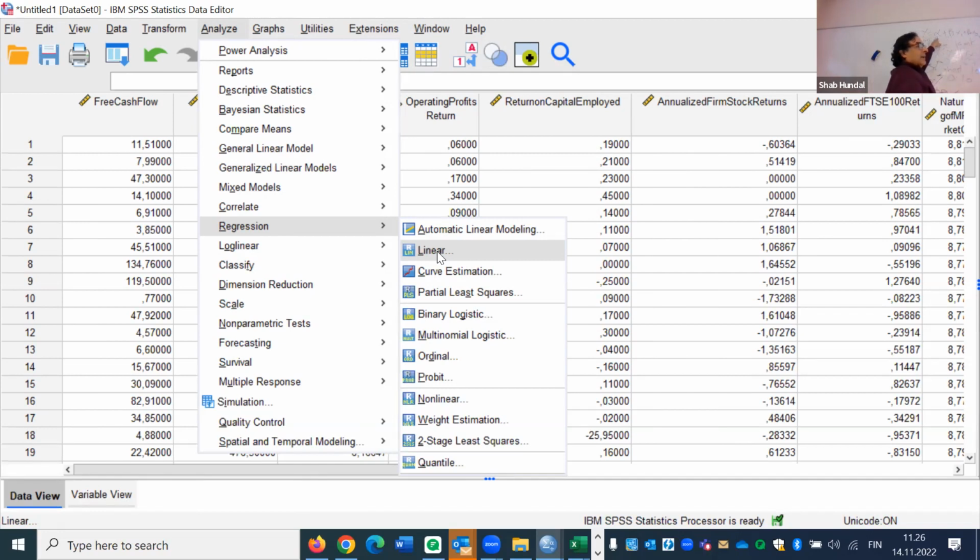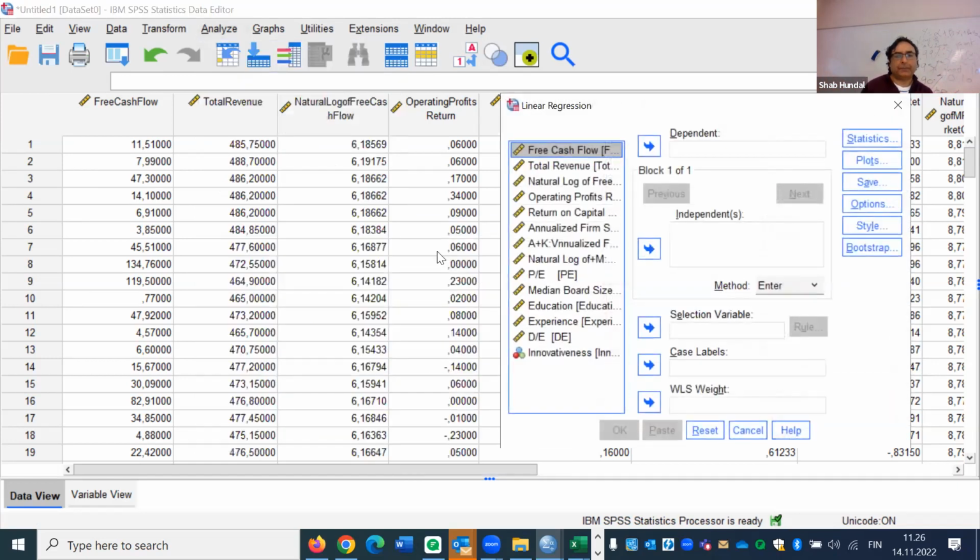This is what? Alpha. Which alpha? Jensen's alpha. So you know these terms already, the practical meaning of these words. But in theory, we can have multiple independent variables. So anyway, we go to linear.